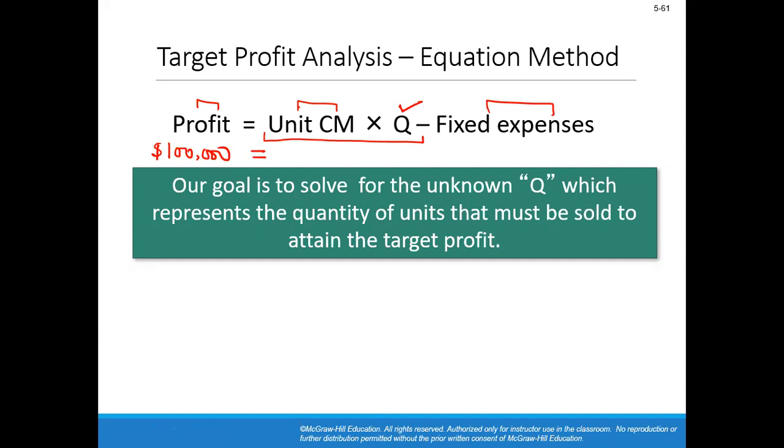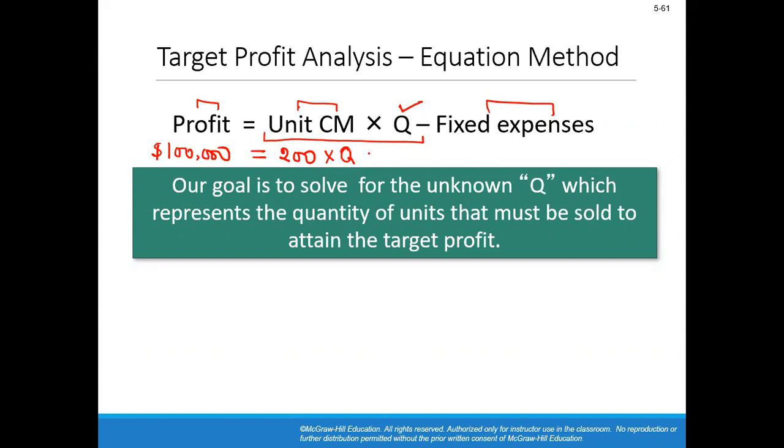Yes, good, 200, because our variable expense was 300. So our contribution margin is 200 per unit. Remember it is contribution margin, not contribution margin ratio. We'll see the application of the ratio later in the formula method. So what can we do? We like to solve for Q.